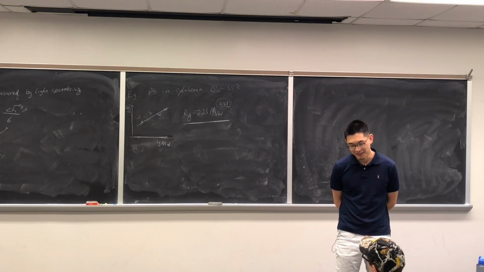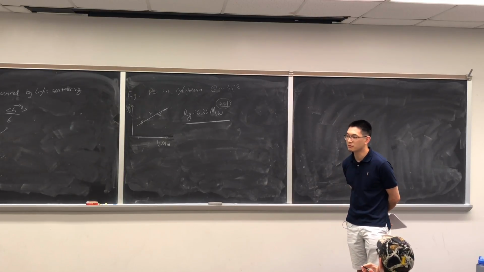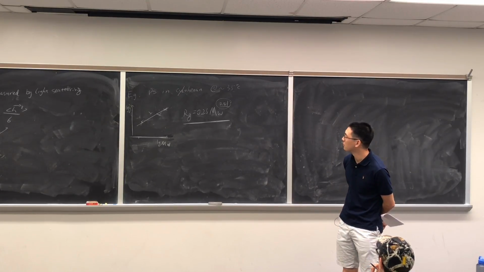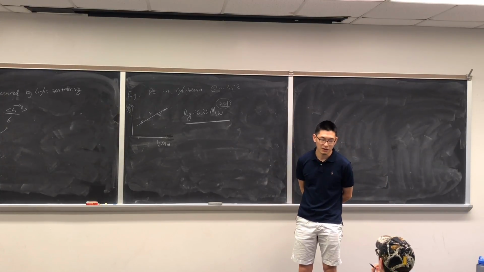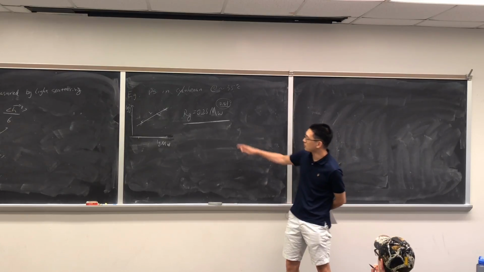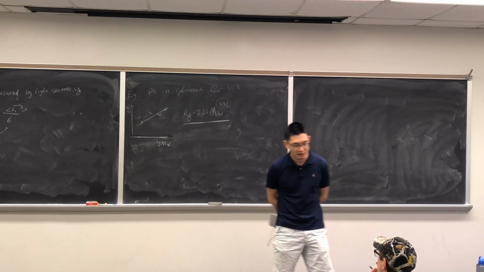If it's an ideal chain, RG should be proportional to the molecular weight to the power of 0.5 instead of 0.51. And this is more realistic in real solution. We will use this example just to show what we're going to chat about in the rest of class.